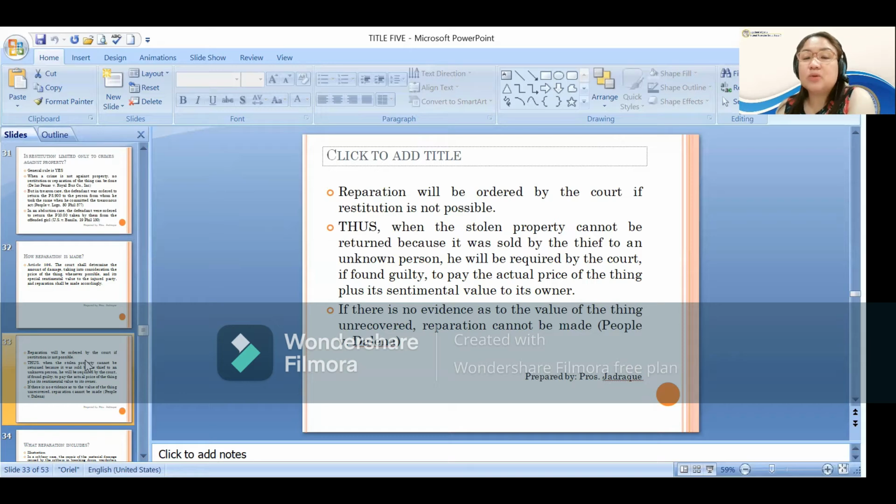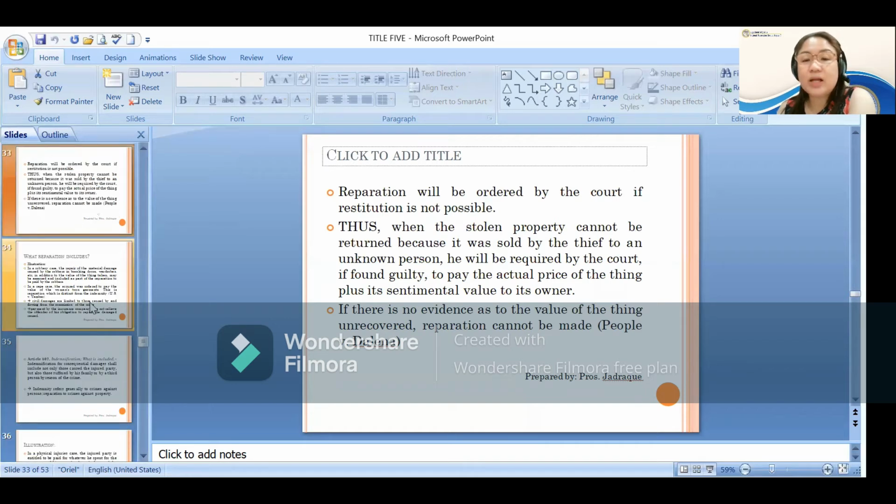So the court will order reparation in case restitution is not possible. Thus, when the stolen property cannot be returned because it was sold by the thief to an unknown person, he will be required by the court, if found guilty, to pay the actual price of the thing plus its sentimental value to its owner.